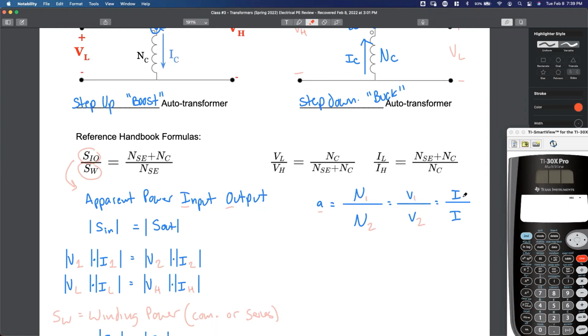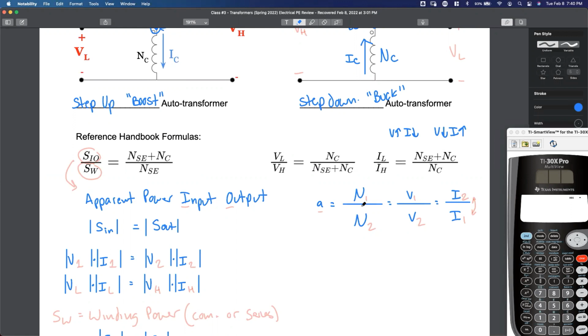And here's the trick. These subscripts flip-flop, they change. It's equal to the current on the secondary side to the current on the primary side. Ones for turns and voltage, twos for turns and voltage. And now the primary and secondary change places when we deal with current. Again, why is that? Well, when the voltage goes up, the current goes down. When the voltage goes down, the current goes up.